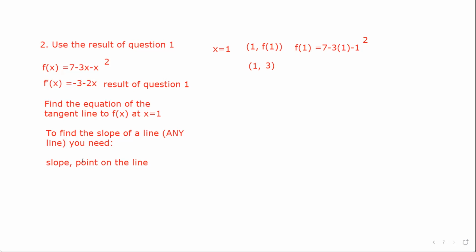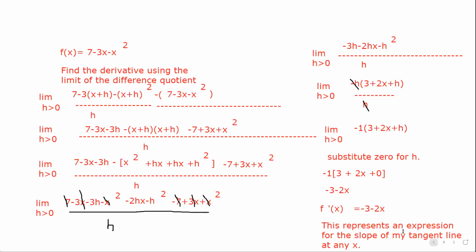Well, it would be 7 minus 3x minus x squared, right? Not this one. Which equation gives me the slope? Oh, the f prime, right? Yeah, remember this? This represents an expression for the slope of my tangent line.